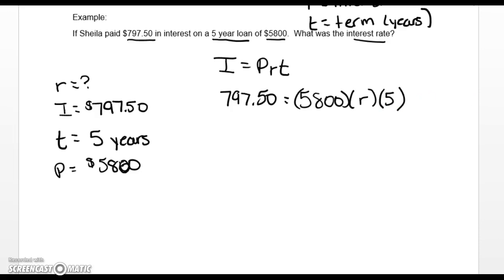First I'm going to simplify the right-hand side by doing the multiplication. 5,800 times 5 is 29,000, and we're still multiplying with that R value, so I'll just write R beside it.